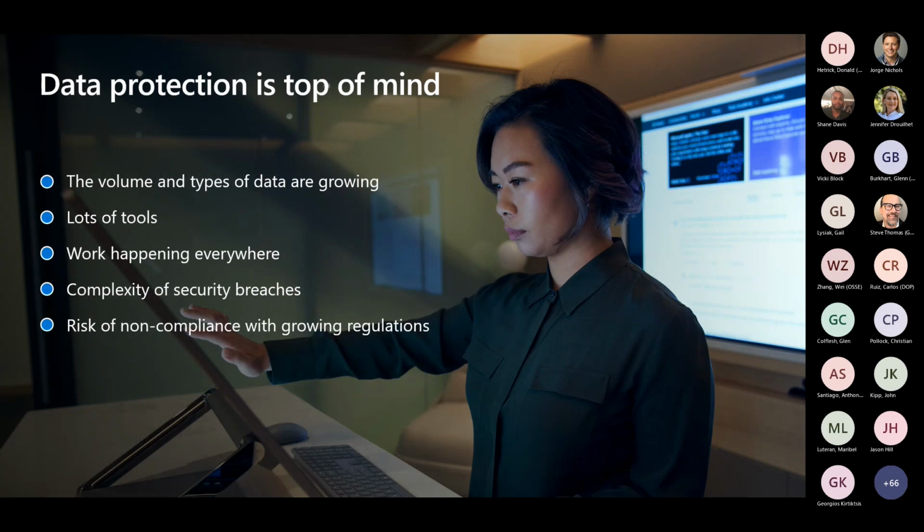Now, as we're talking to customers, protecting data is one of their biggest concerns, and it's because data is everywhere. It's in email, in file shares, SharePoint and OneDrive, and other third-party cloud repositories. And the reason we're here today is because it's also in Teams. More and more employees are working from home.